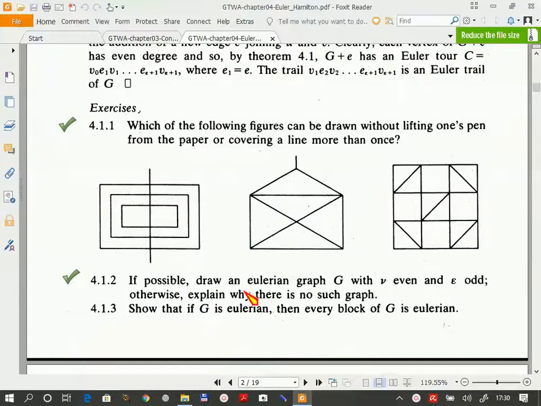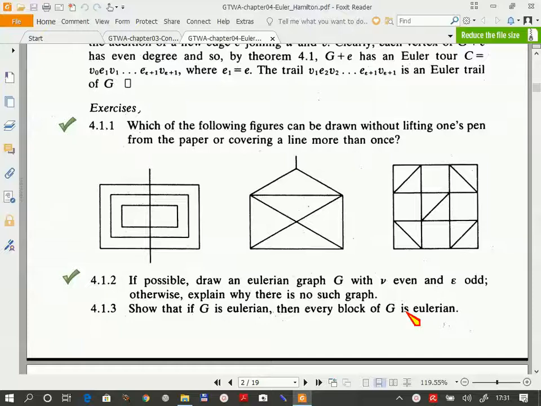If possible, and that's very nice, and I think you'll find it amusing: if possible, draw an Eulerian graph G with n vertices and epsilon edges where n is even and epsilon is odd. Otherwise, explain why there is no such graph.